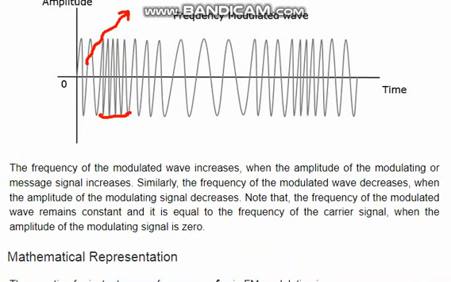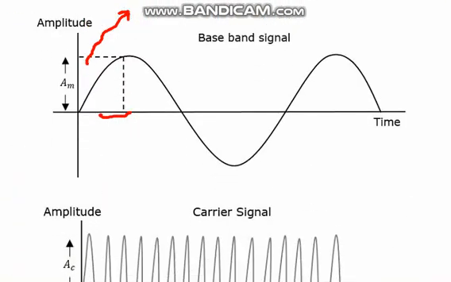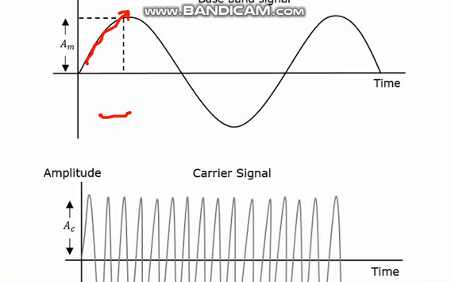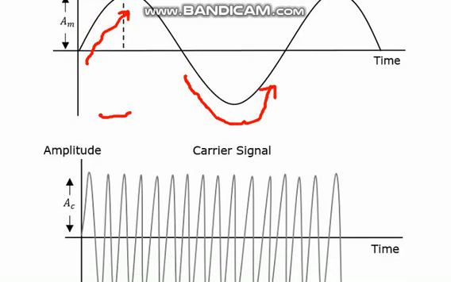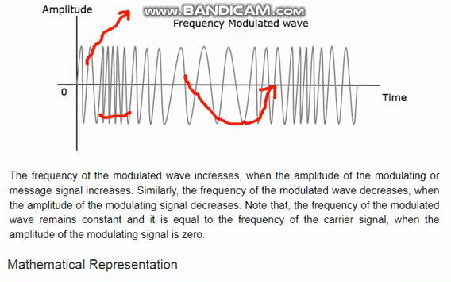Similarly, the frequency of the modulated wave decreases when the amplitude of the modulating signal decreases. Just check the positions that I have drawn on the picture. That is a decreasing element. Just look in front of it. Yes, in that part the frequency has been lowered compared to this. It's a higher part, and that is the lower part. So that is the thing. So the frequency of the modulated wave remains constant.